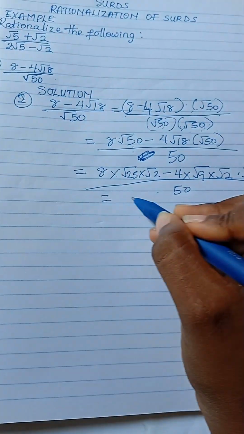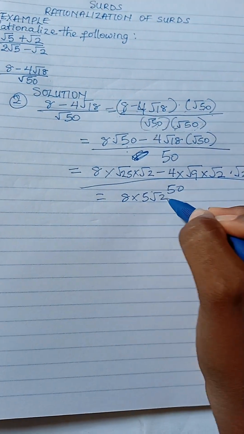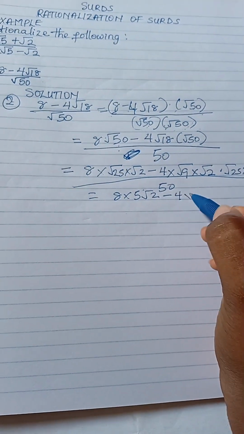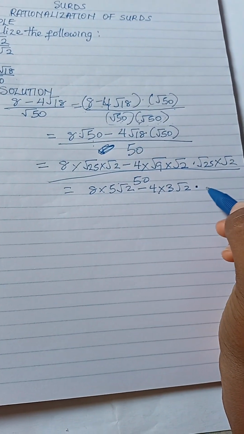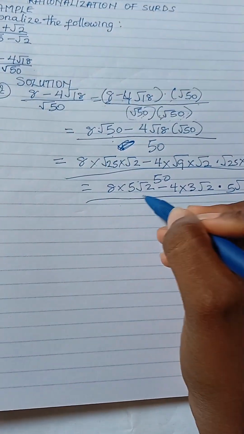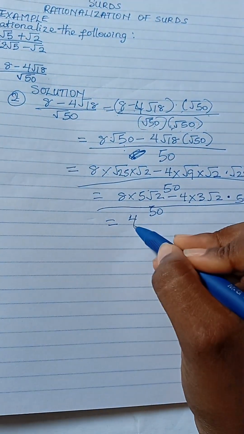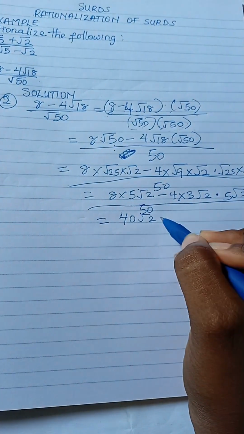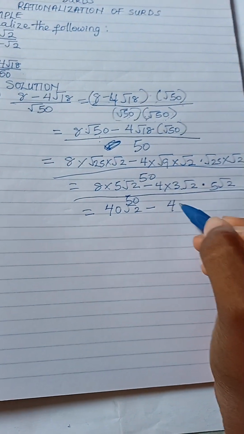So that will be equal to 8 by root 25 is 5 root 2, minus 4 by 3 root 2 times 5 root 2, over 50.